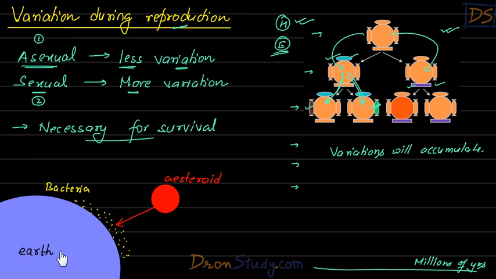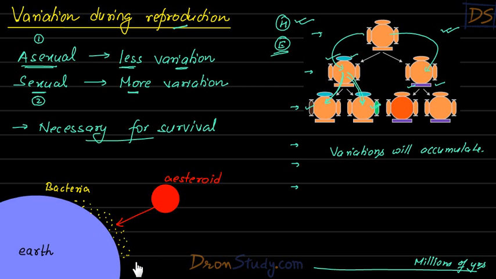So students, this is Mother Earth, and let's take the example of bacteria. There are lots of bacteria residing on Earth. In fact, bacteria are one of the oldest organisms living on Earth, and they have survived for such a long period of time.